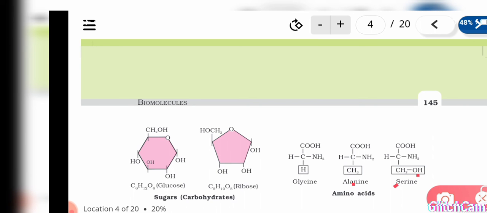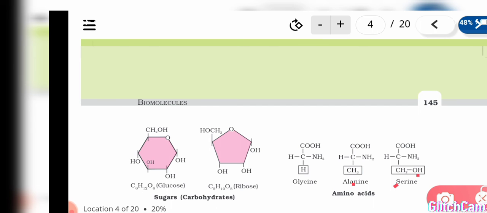Now in this substitution, or in the R group, if the number of acidic groups is more than the amino groups, then the amino acid will be an acidic one. If the number of amino groups is more, then it will be basic.